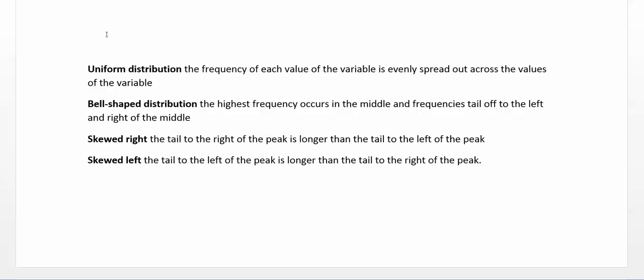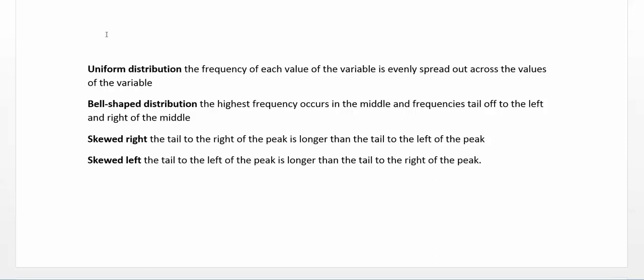Okay, so I'm going to do this verbally first, and then I'll show you some pictures of this. A uniform distribution is when each value that could show up with a variable has an equal likelihood of showing up. So it's fairly even, looks kind of like a rectangle. A bell-shaped distribution is what we normally consider a normal curve or symmetrical curve.